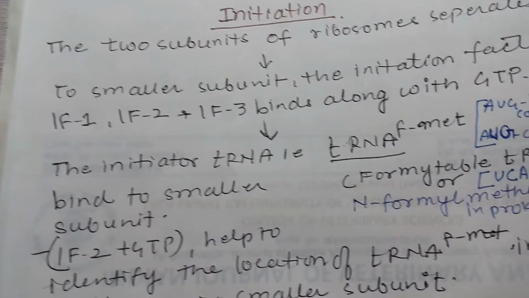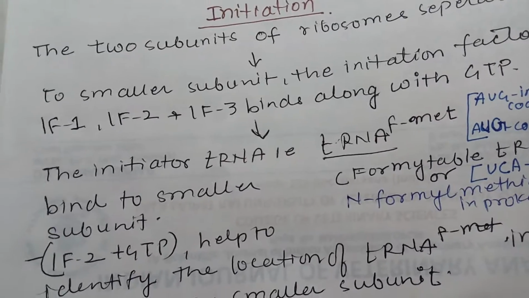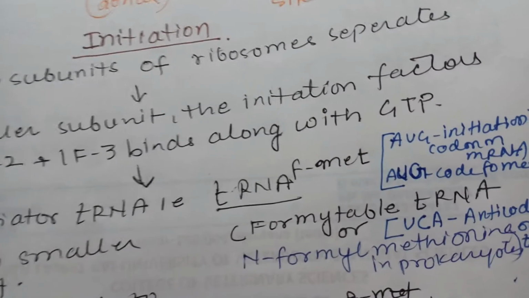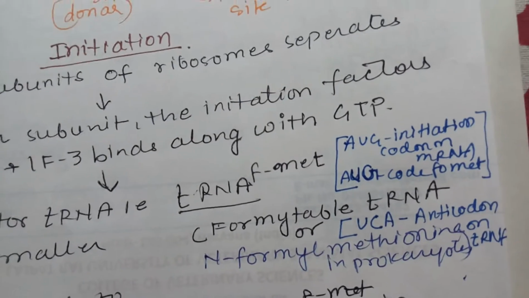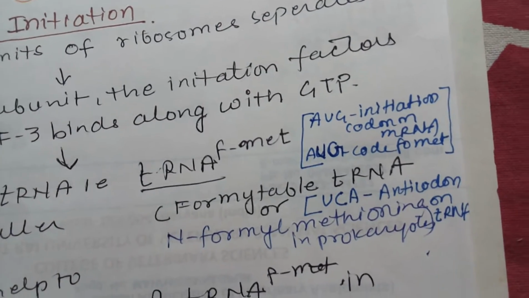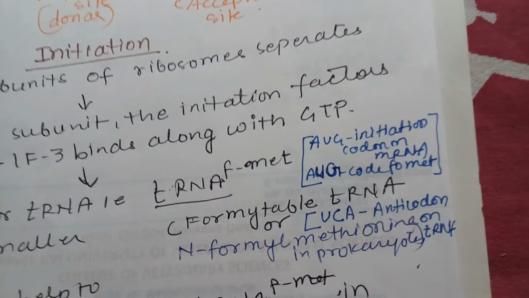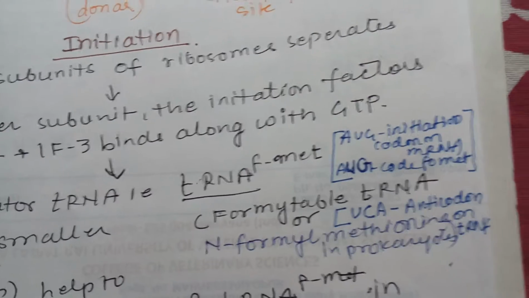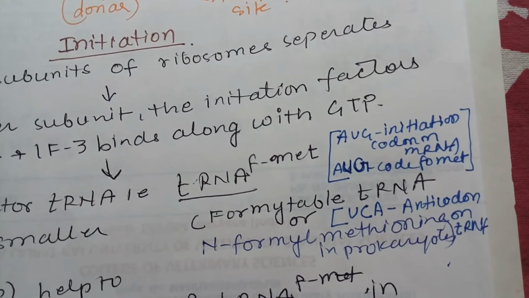The next is the initiator tRNA, that is formylmethionine tRNA. It is called initiator tRNA because it corresponds to the initiator codon on mRNA, which is AUG. So this tRNA carries methionine.